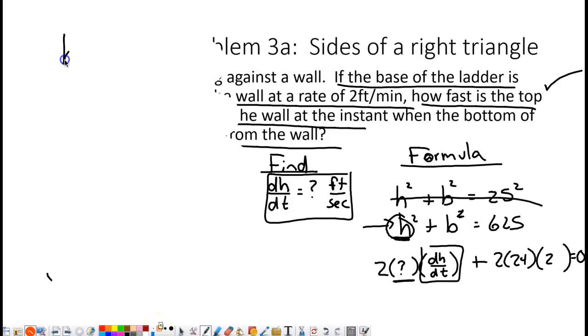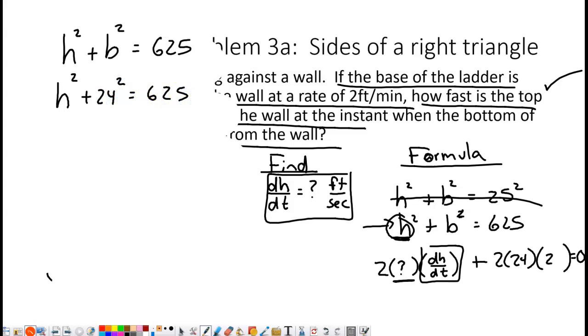So if you're ever missing a piece that you need in order to solve for the piece that you actually want to find, you're going to go back to your original formula and plug in the parts you do know. I do know that b is supposed to be 24. And since b is 24, if we solve this, what would that be?